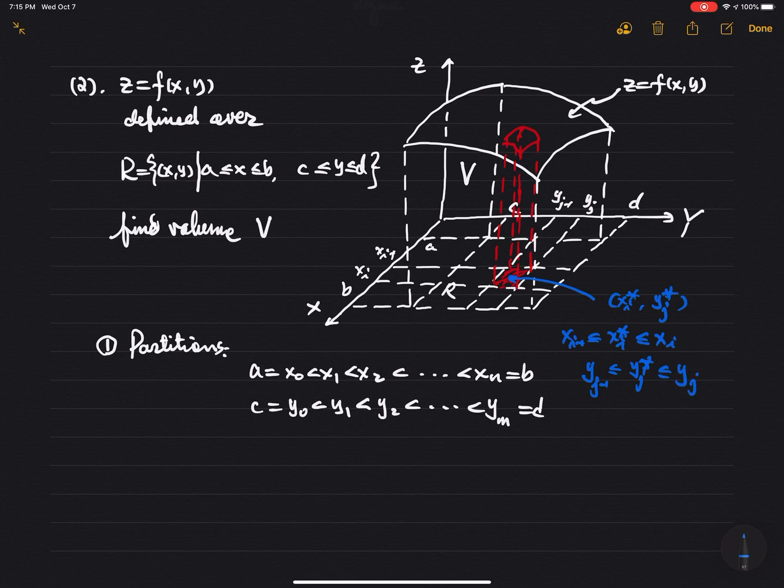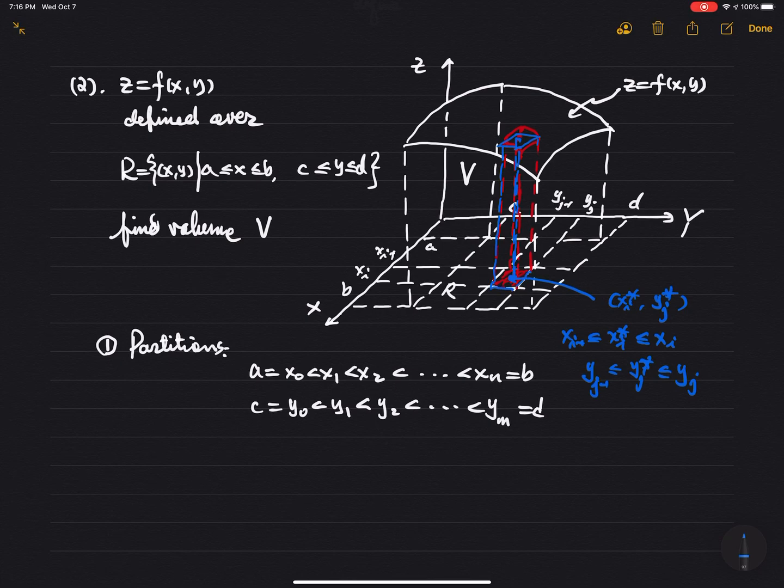Then we find the function value corresponding to this point. Now instead of using the surface, this time we use a horizontal plane. The height is f(x_i*, y_j*).